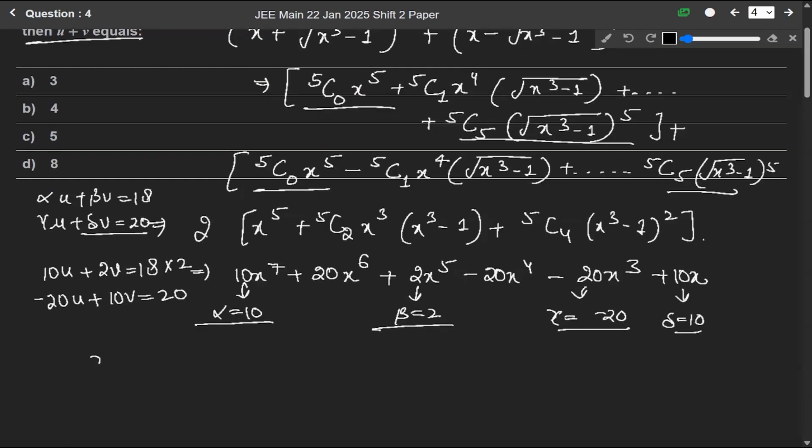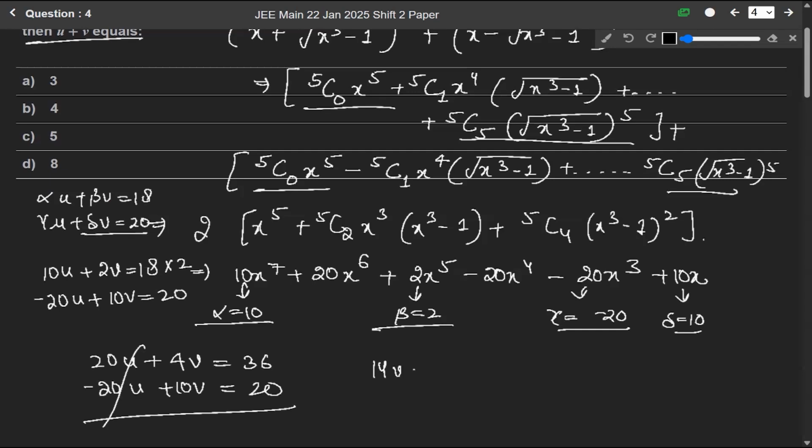So this becomes 20u + 4v = 36 and −20u + 10v = 20. When we add, we get 14v = 56. So from here, v equals 4. Putting v here, we get u equals 1.